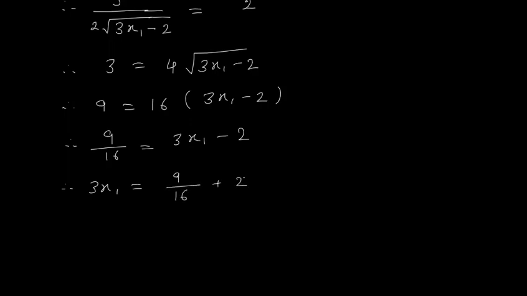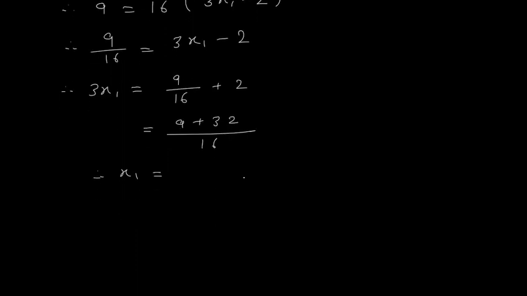Now 9 upon 16 plus 2 is 9 plus 32 whole divided by 16. So I will get x1 equal to 41 upon 16, and this 3 will also come down, so divide by 3. This gives us the answer as 41 upon 48. So this is the value of x1.